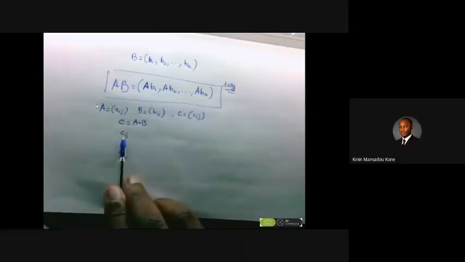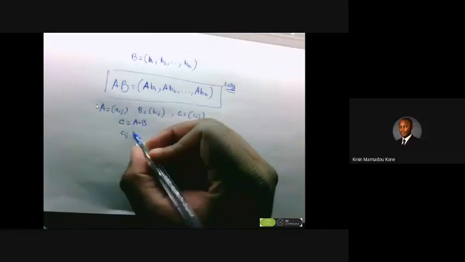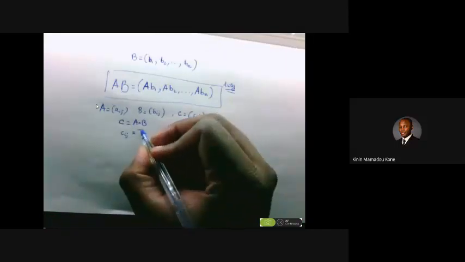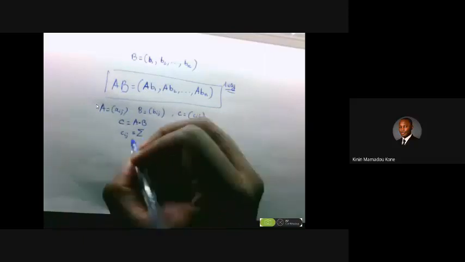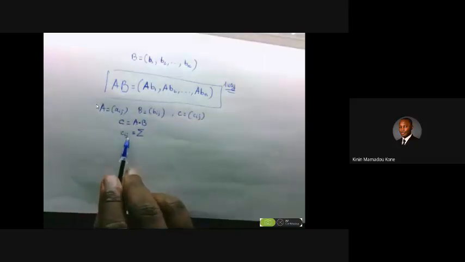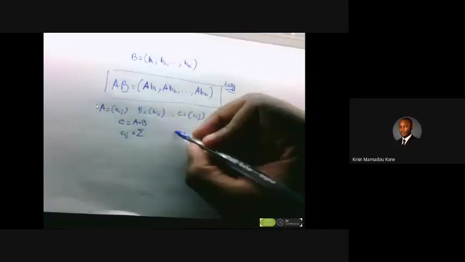the Cij entry of that matrix C is going to be equal to the sum of... okay, let me write it in terms of matrix first. Let me do it this way. Let's do it simply.